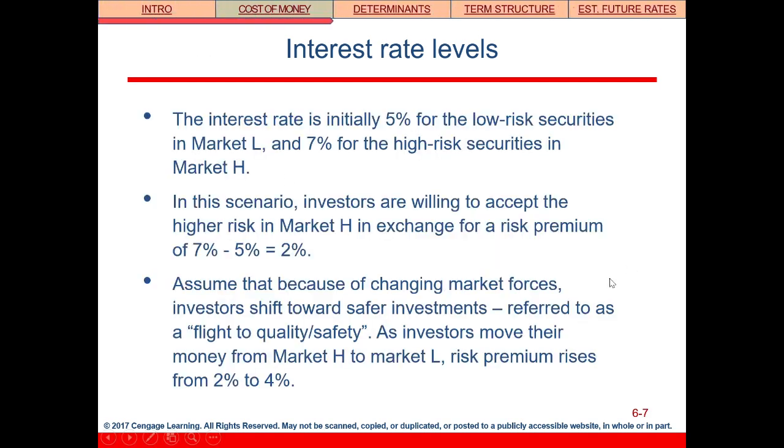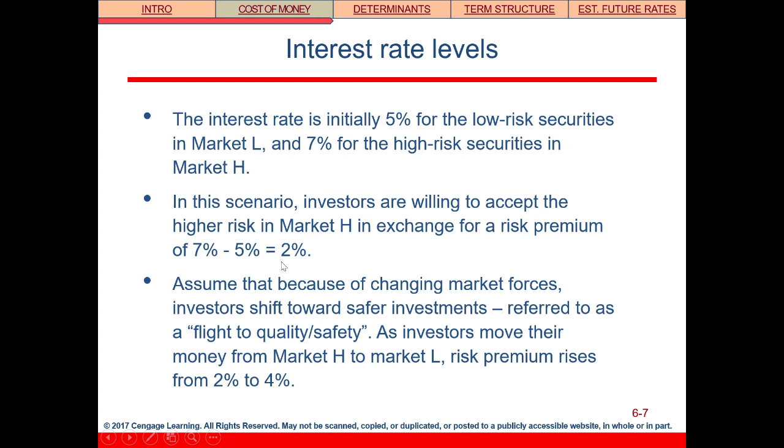So this basically is just explaining what we saw on the previous slides. The interest rate is initially 5% for the low risk securities in market L and 7% for the high risk securities in market H. In this scenario, investors are willing to accept the higher risk in market H in exchange for a risk premium of 2%, which equals 7 minus 5.